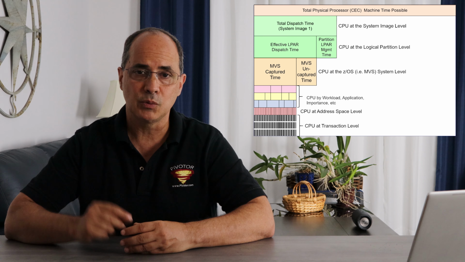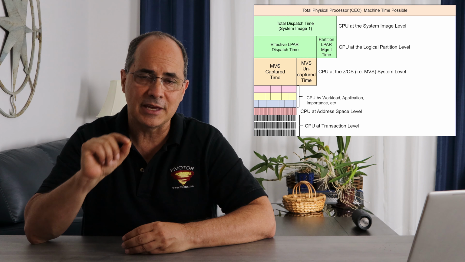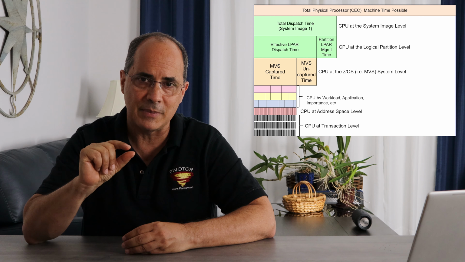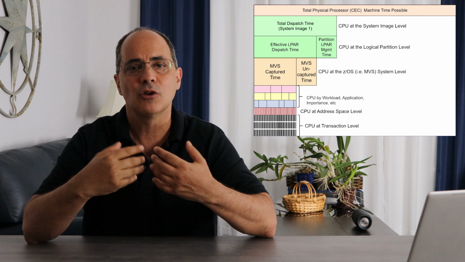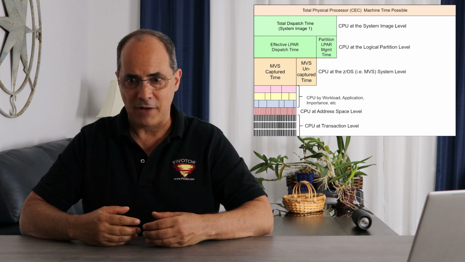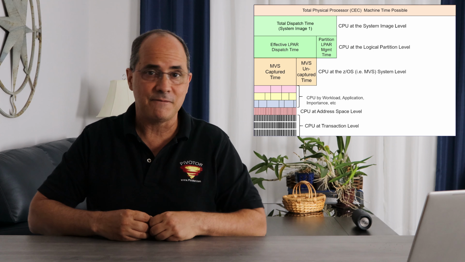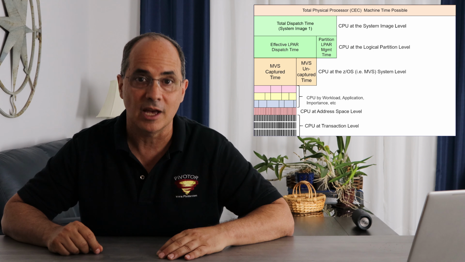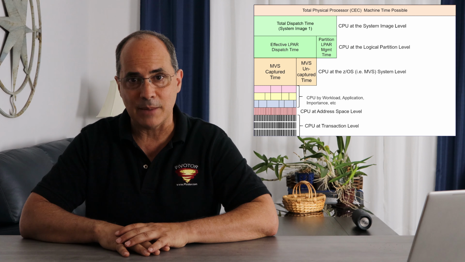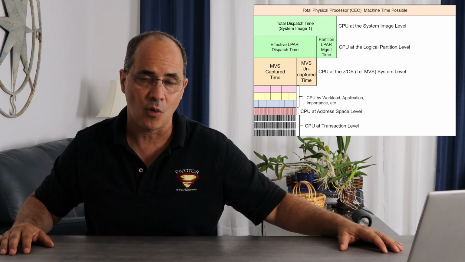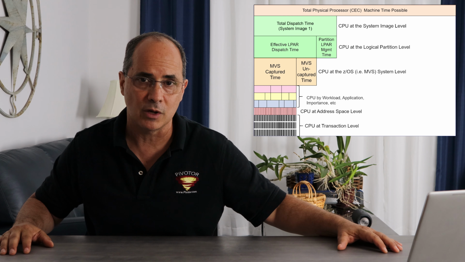Now, we have lots of measurements for transactions. In fact, there's almost no shortage of transaction measurements on the MVS platform, because in this case, we want to understand every little thing that's happening and how much CPU time individual transactions use. So, for example, I might be a bank, and I might do, let's say, 5 million ATM transactions a day. Those 5 million ATM transactions are spread across all of my 24 hours.